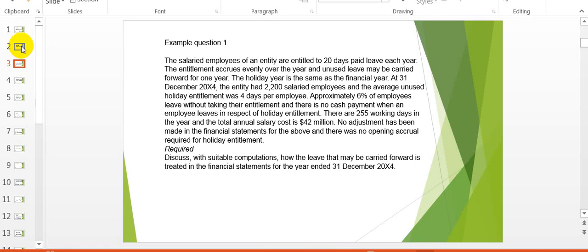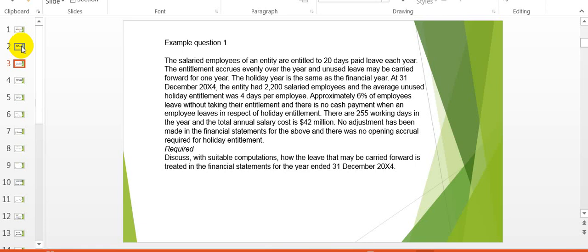Since we have this annual salary cost for the employees, we multiply that by the employees who are left, which is 94% of employees.